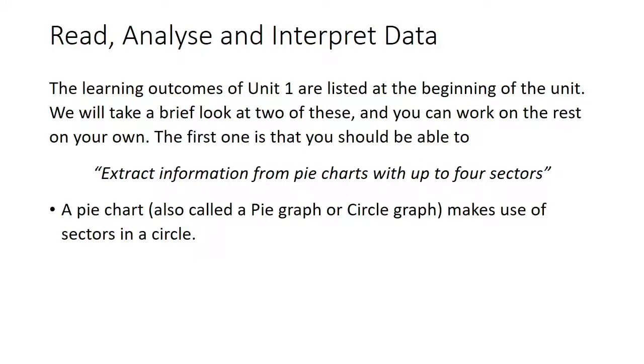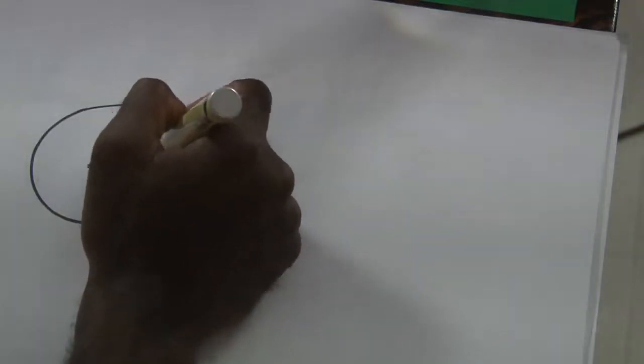Now, a pie chart, sometimes also called a pie graph or a circle graph, makes use of sectors in a circle. This is a circle. And if this is a circle, then this is a sector of a circle.